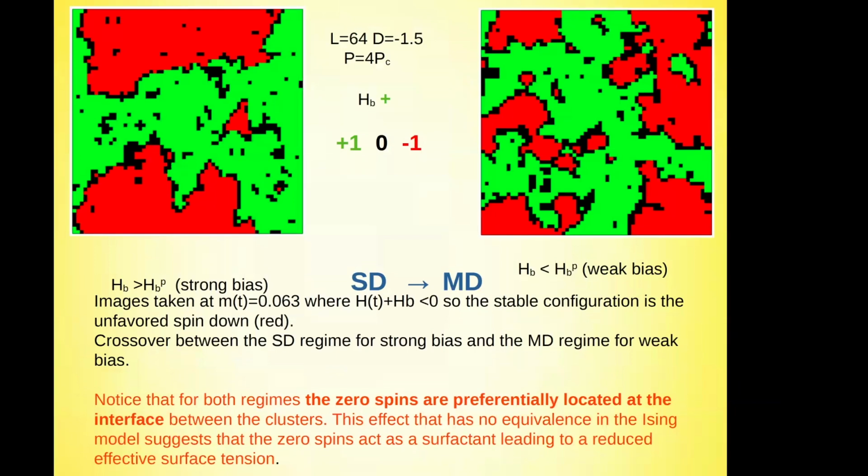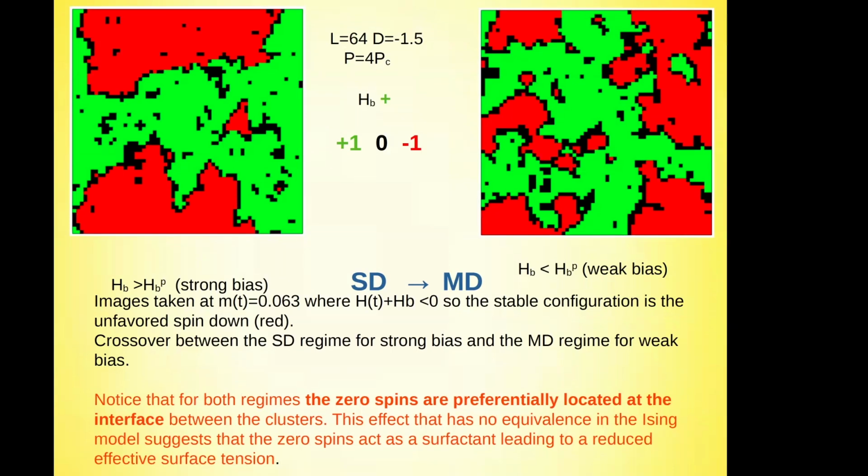Here again, a plot for L equals 64. We plot this size in particular because 64 is small, but kind of large enough so you can see that there is a crossover. You see that for a strong bias, the decay is more like single droplet.